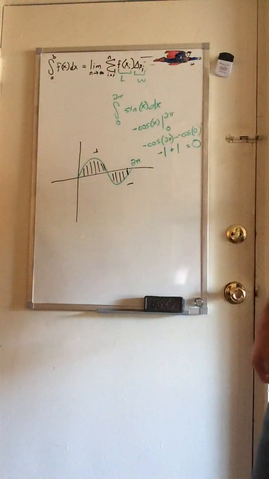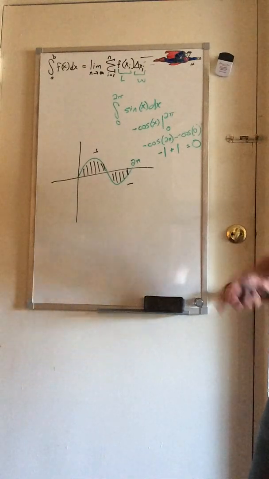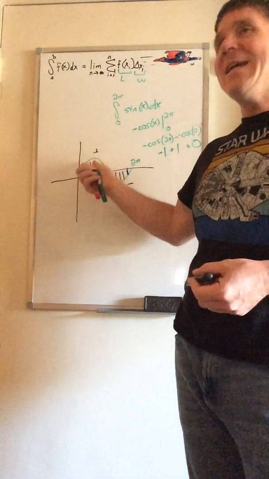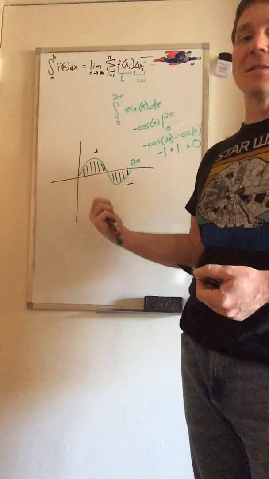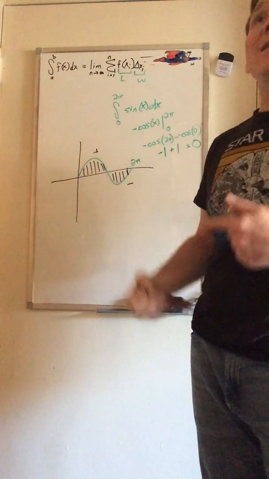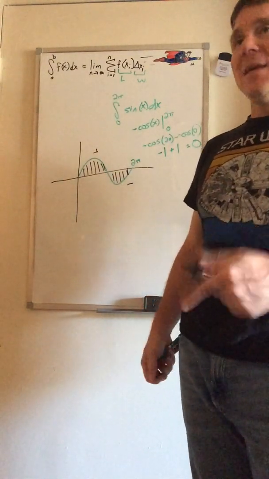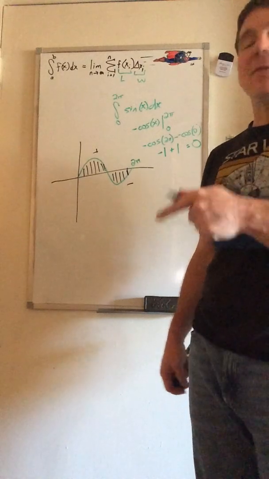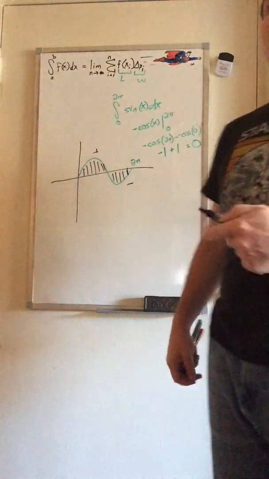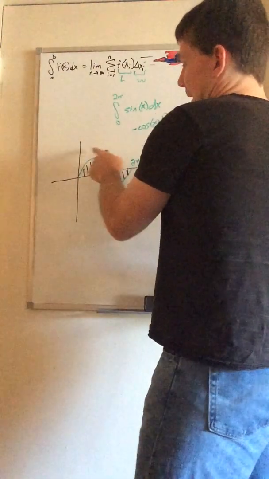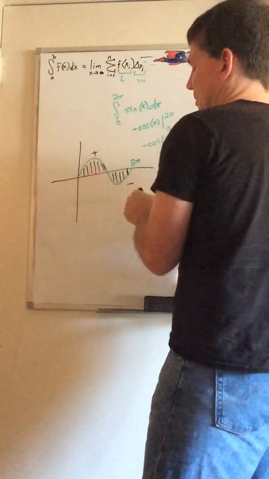Sometimes the problem will be worded differently, and you'll be told to find the area between the curve and the x-axis. When you are solving that, what it means is you want everything to be positive. So you would say, okay, it's positive right here, so I'm good.